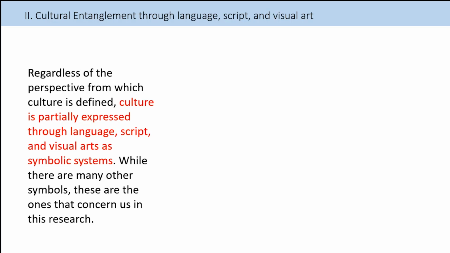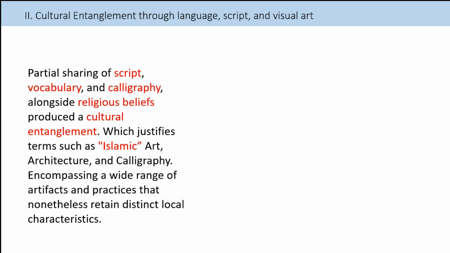Regardless of our perspective from which culture is defined, we know there are so many endless definitions of culture and standing points. Regardless of our point of view, culture is partially expressed through language, script, and visual arts as a symbolic system. While there are many other symbols, for this research I'm concerned with those.